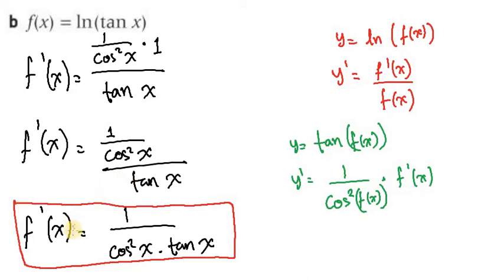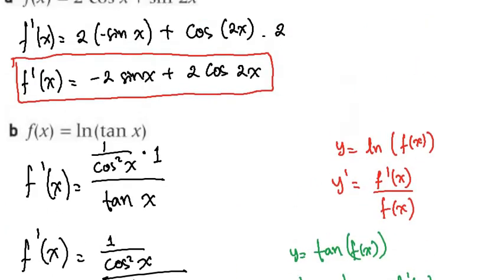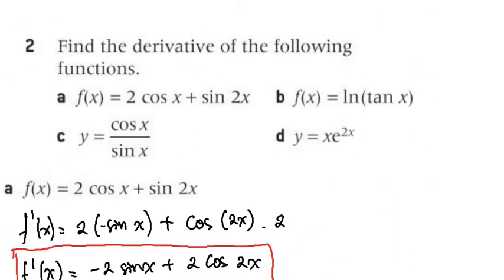Okay, that's for B. Move on to C. So for C, let me copy the question and bring it down. We have y equals cos x over sin x. This is division, so we will use the quotient rule.